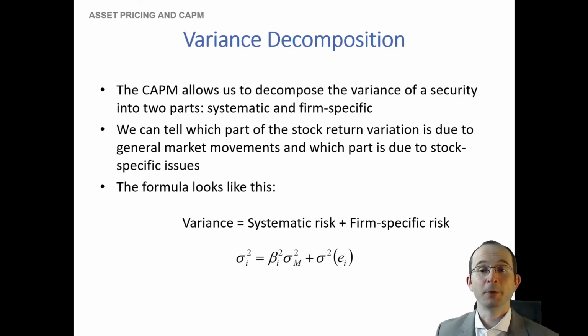Now, another important thing that the CAPM lets us do is actually similar to the single index model. Remember, the CAPM is a special case of the single index model, just more rigorously proven. It lets us create a variance decomposition.